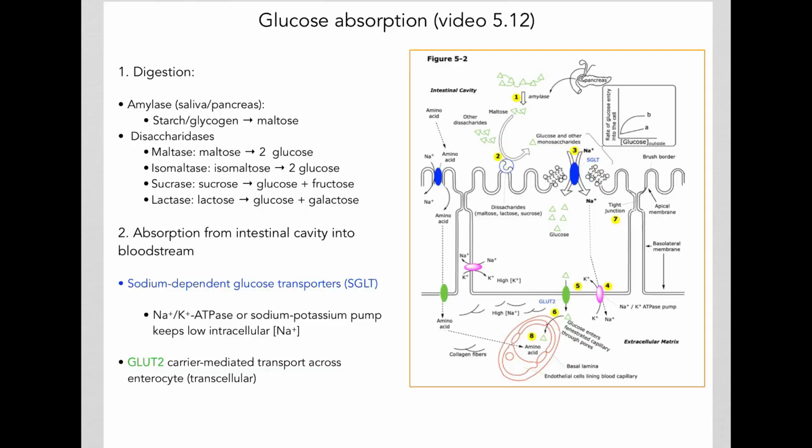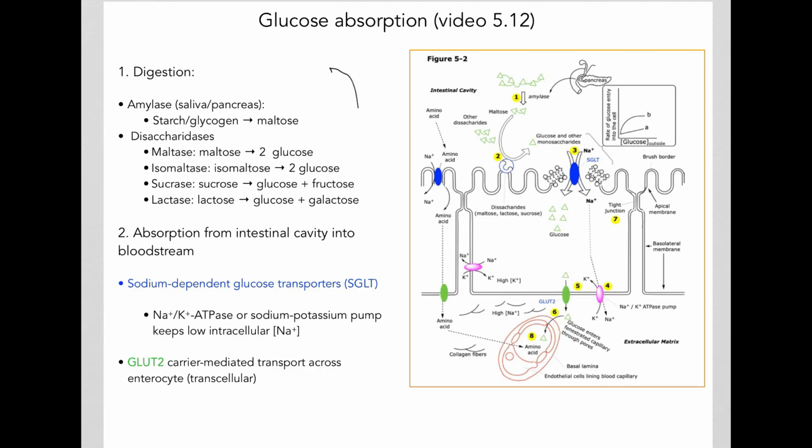Now, once the glucose is inside the enterocyte, then it will be transported out into the interstitial fluid and then eventually into the blood. And this transport out of the enterocyte is done by another transport protein called GLUT2.